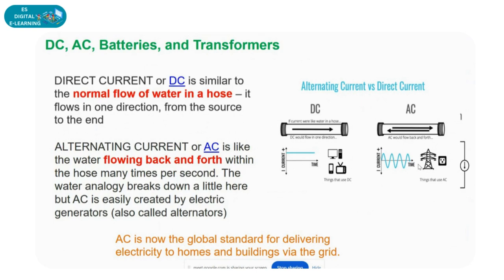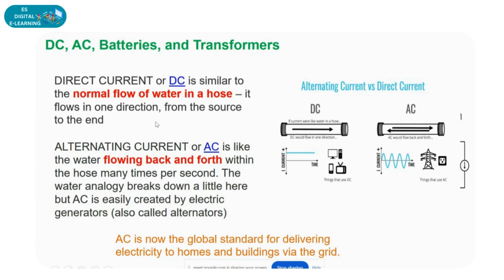So for TVs or mobile chargers, it is DC. And coming to AC, it is a continuous sinusoidal waveform, with forward and backward swings and fluctuations happening. That is AC current. DC is similar to the normal flow of water in a house.